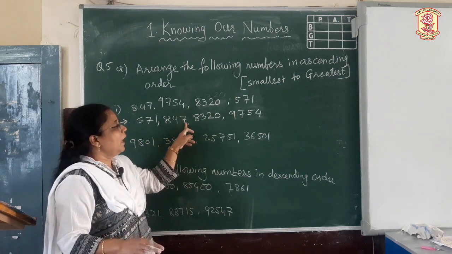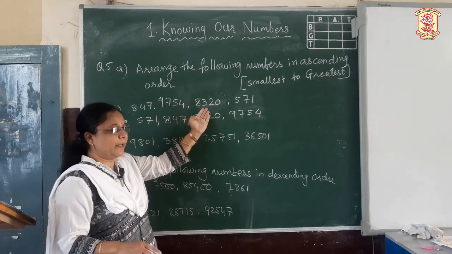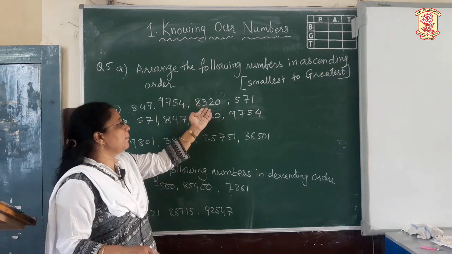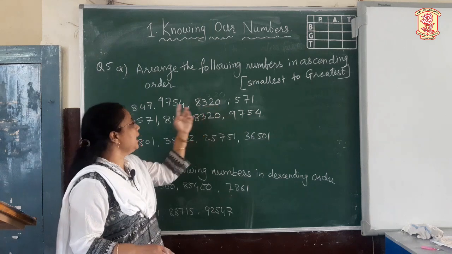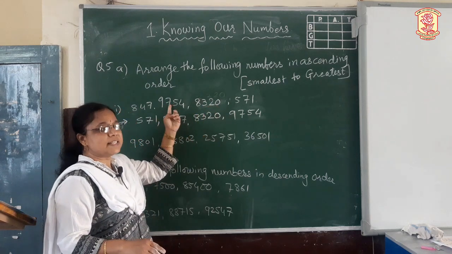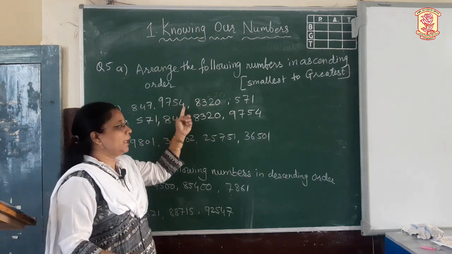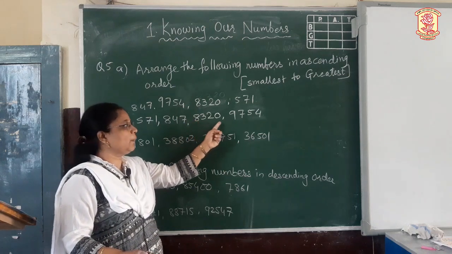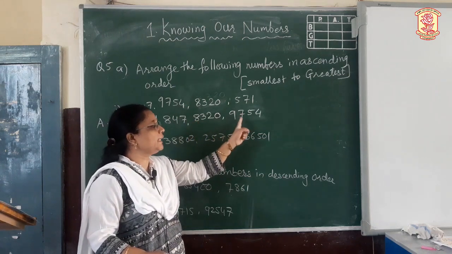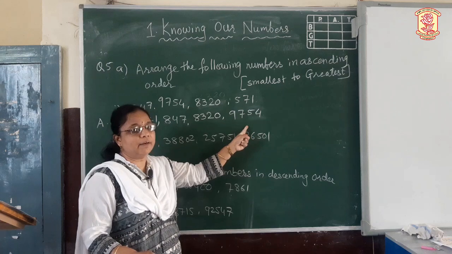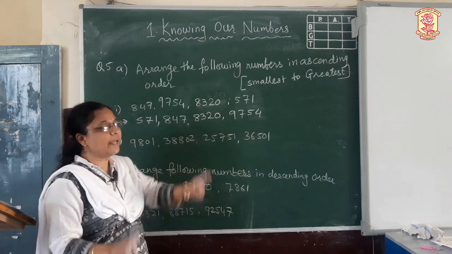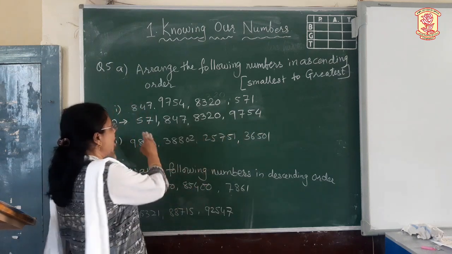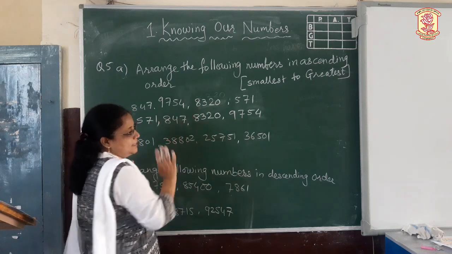Now think for the 4-digit numbers. Among these 4-digit numbers, 8320 and 9754, 8320 is smaller. So 8320 we have to write first and after that 9754. That means we have arranged these numbers from smallest to greatest.